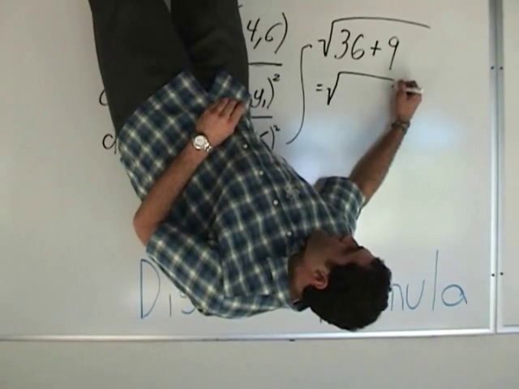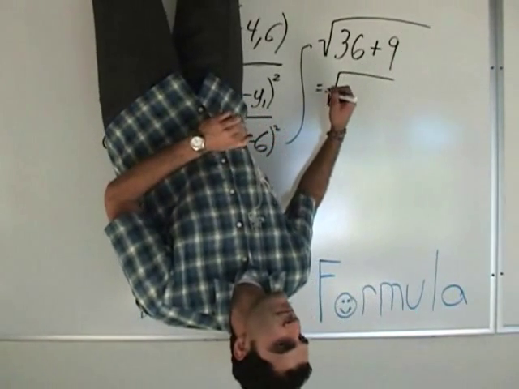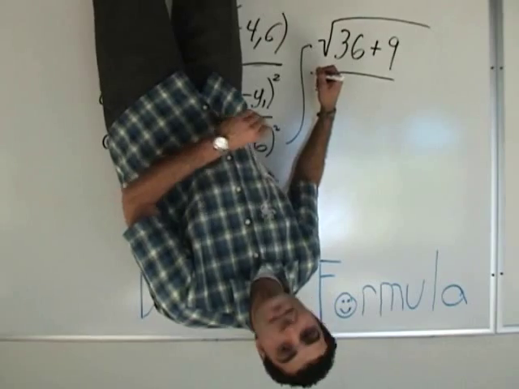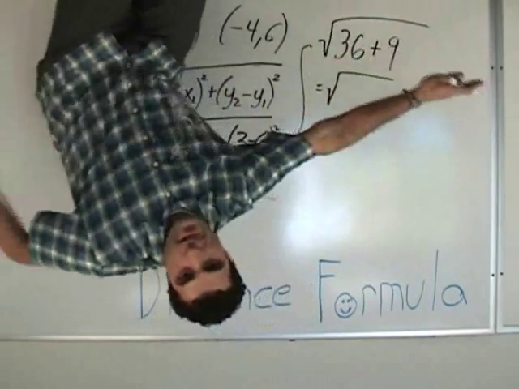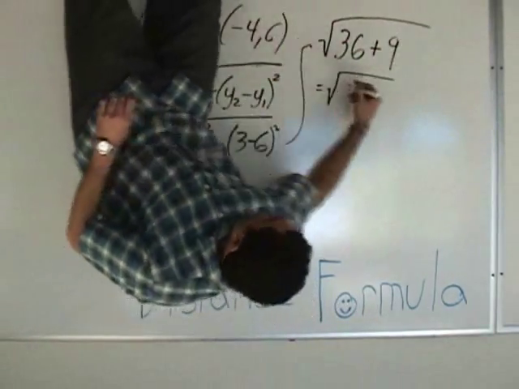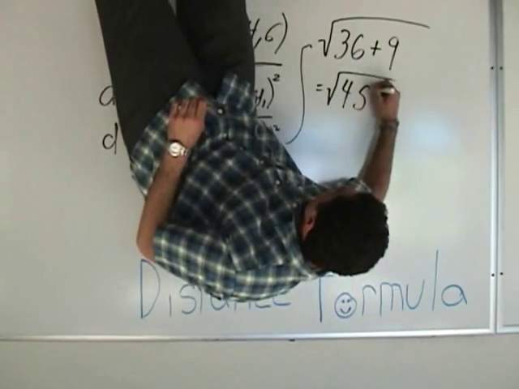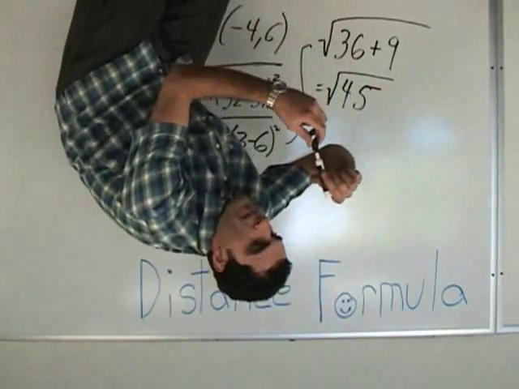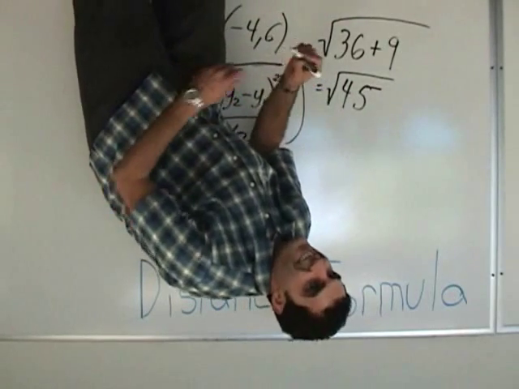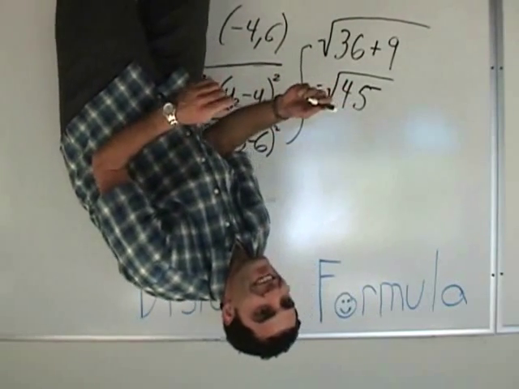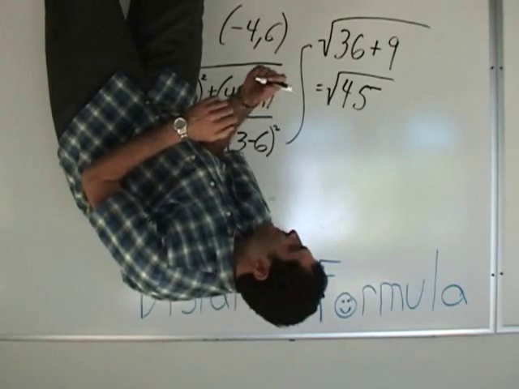You mean the square root of 36? Not yet, just add 36 and 9. That's 45. Are we done? No! You have to find the square root of 45.